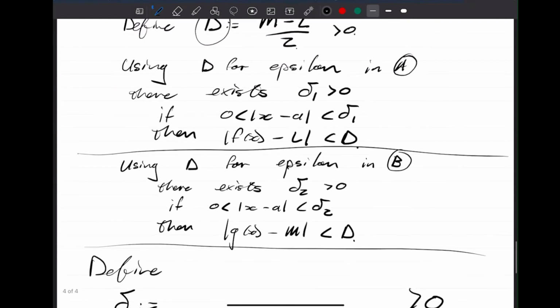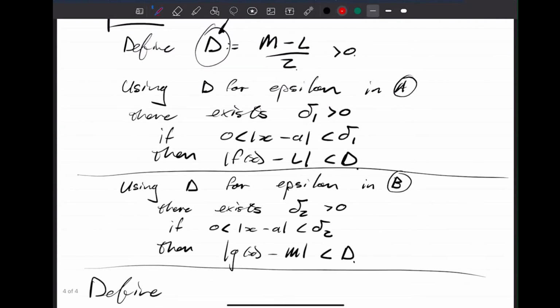Okay, so now we have these deltas to work with. We have delta 1 and we have delta 2.